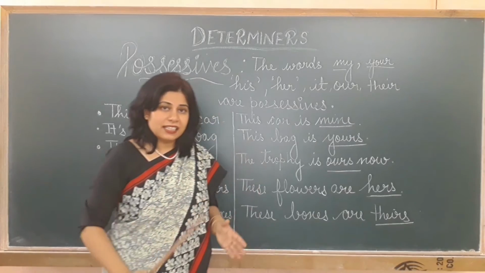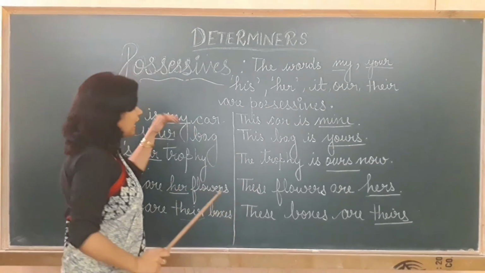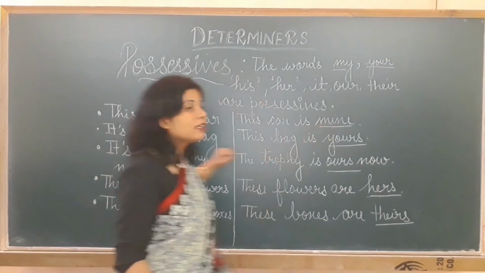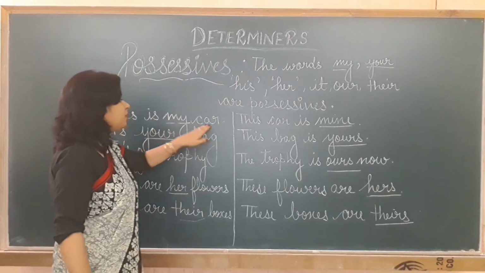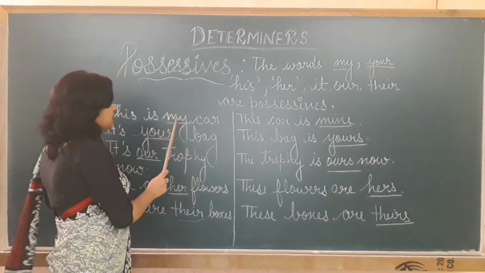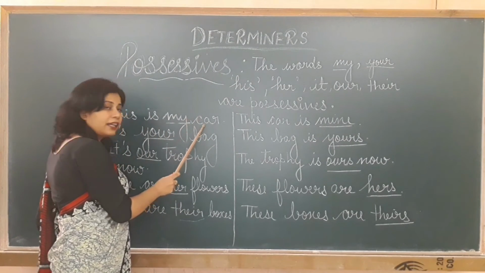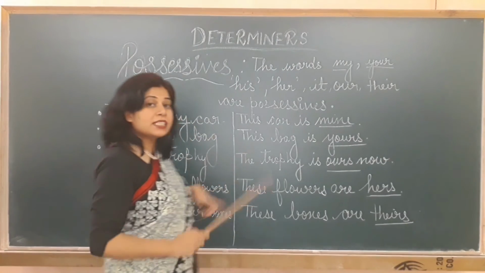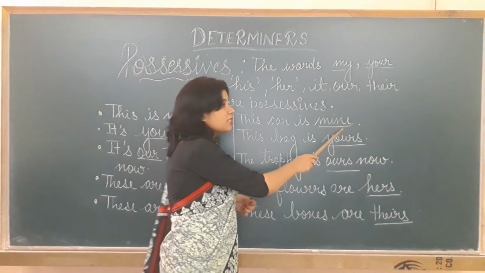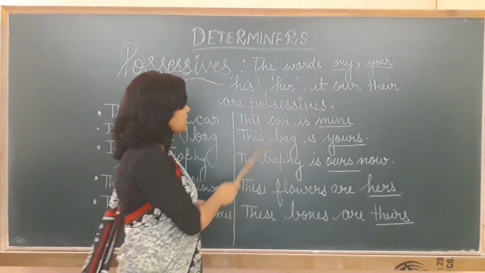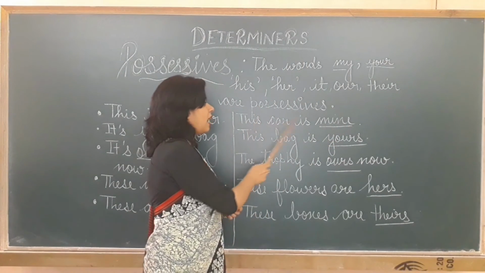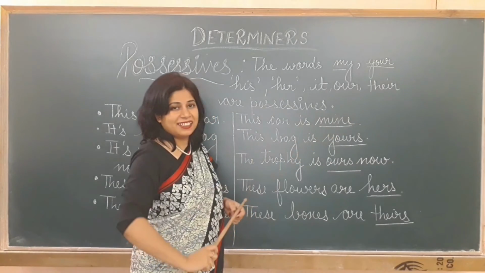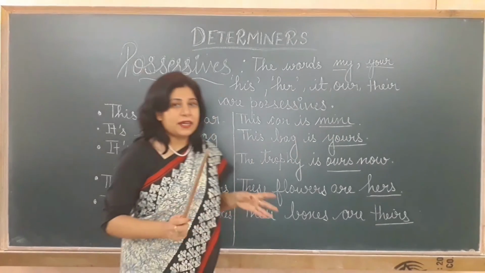So the difference is clear: when to use my and when to use mine. My is placed before a noun. This is my car. Car here is the noun. Mine is a possessive pronoun. It is placed after the noun. This car is mine. So avoid making this error.